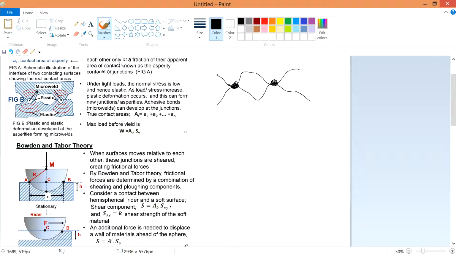The problem with this is that the more yielding occurs, the more junctions you will form. So instead of only this one here, when you slide, it may cause more junctions to come out. This part over here will cause more surface contact area.